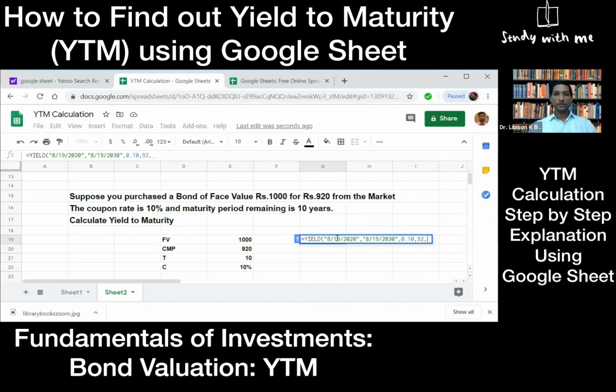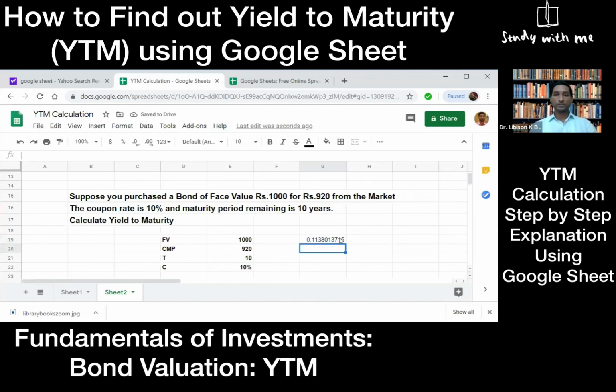Then face value 1000, so we have to take 100. Then frequency, we assume once in a year coupon payment. Coupon payment frequency it is asking, so it is once in a year. If it is semi-annual, you put 2 instead of 1. Here it is 1. Close the bracket.